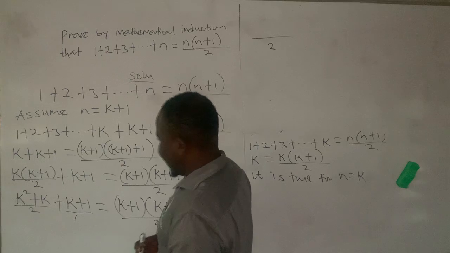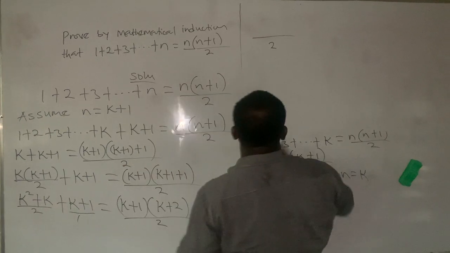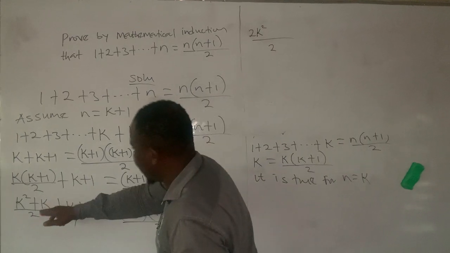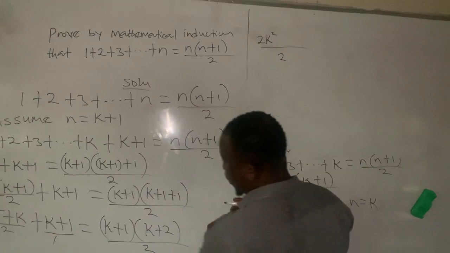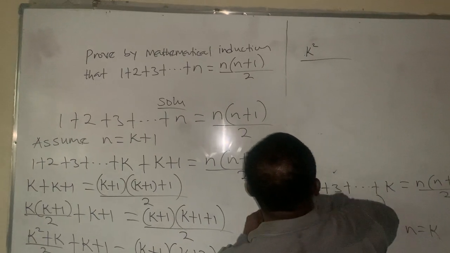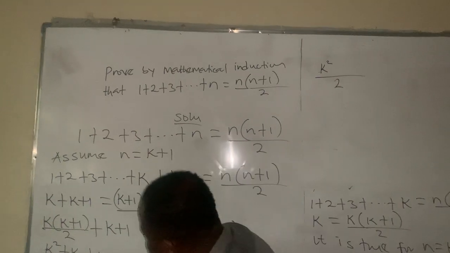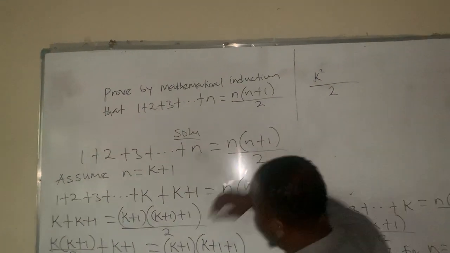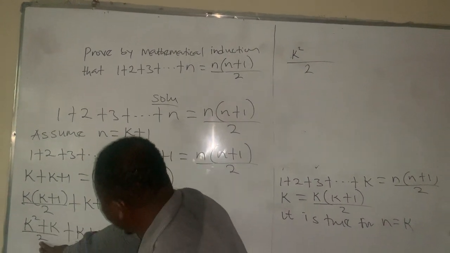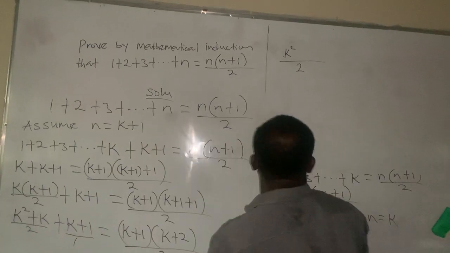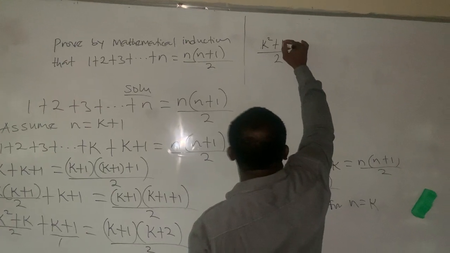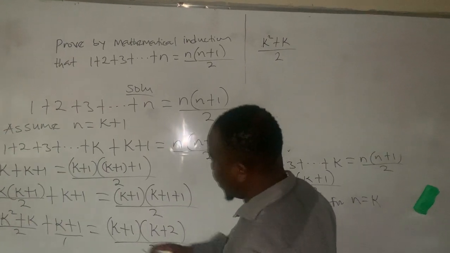Then 2 times k squared will give us 2k squared, and plus 2 times k. 2 into 2, I mean 1, is 1. Then 1 times k squared will give you k squared, and plus 1 times k will give you k. Is that clear? Please take note.